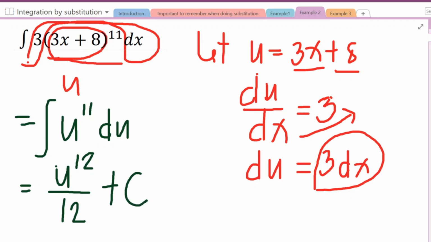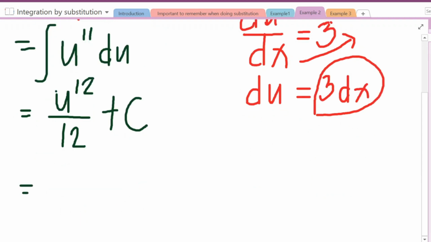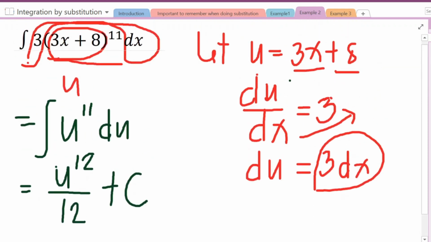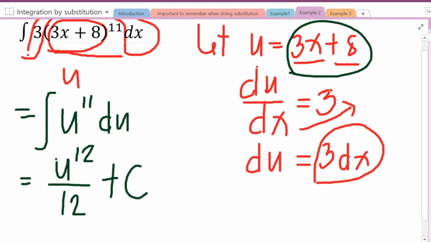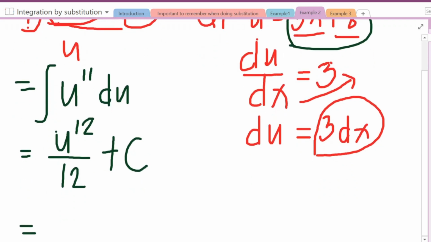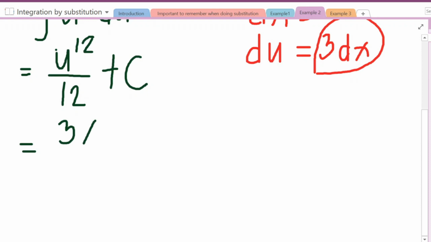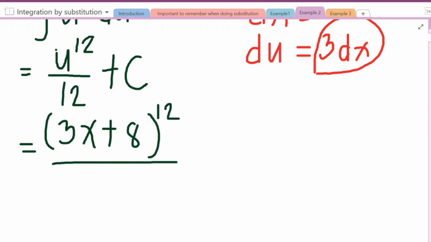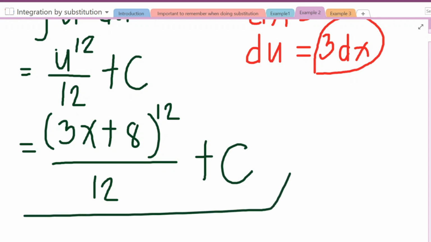Again, we need to go back after integrating. We need to go back to our original variable. And that is, what is the value of u? Our value of u is 3x plus 8. Let's go ahead and substitute it back. 3x plus 8 raised to 12 over 12 plus c. There we have it, our final answer.